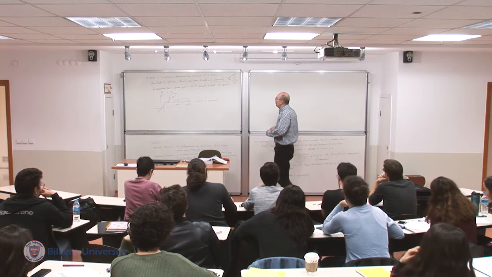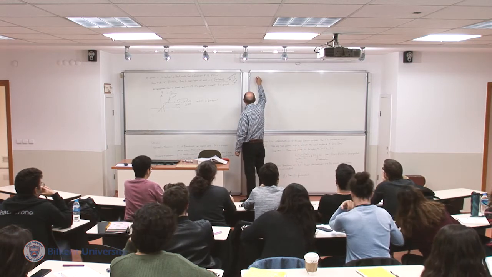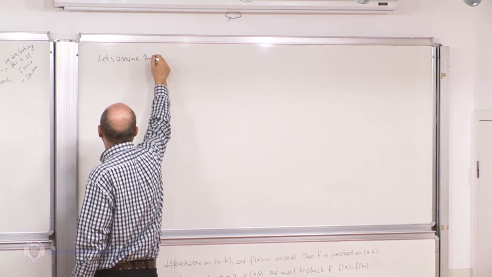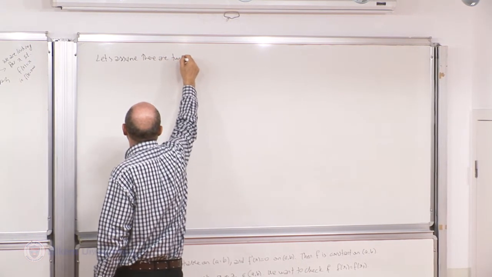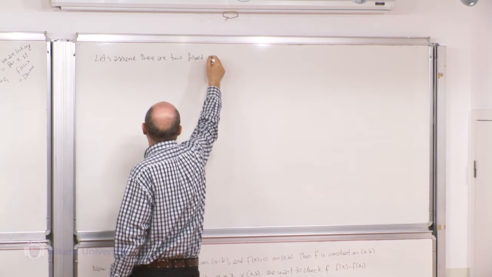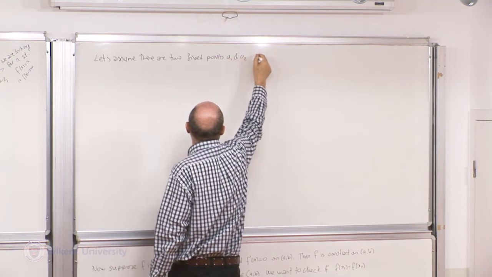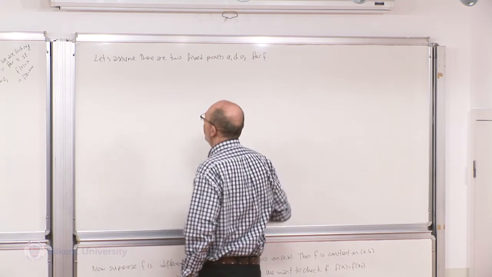So let's assume, as your friend said, there are 2 fixed points, say a1 and a2, for f.